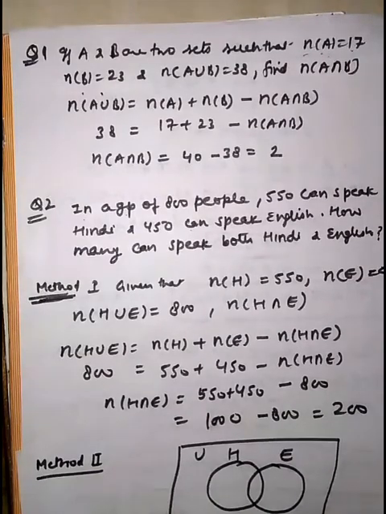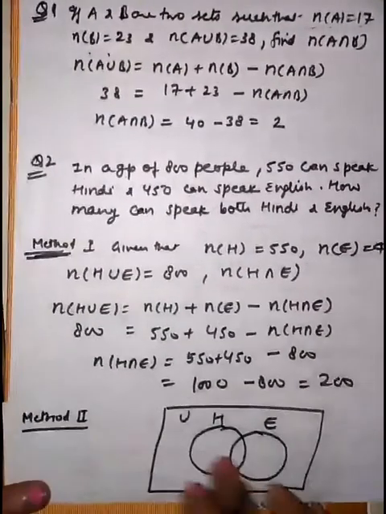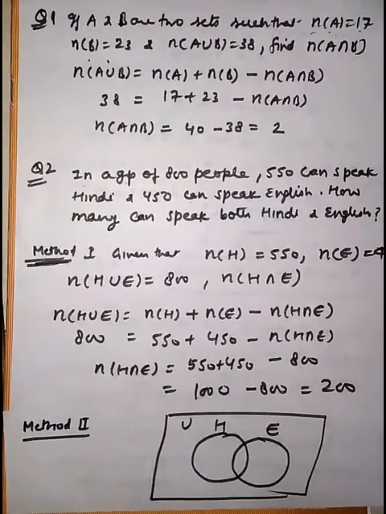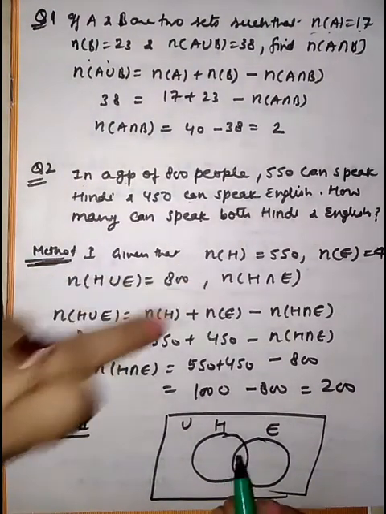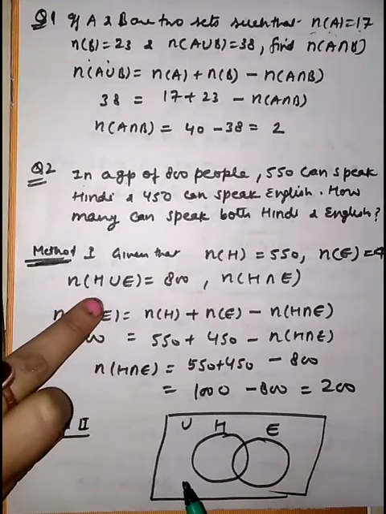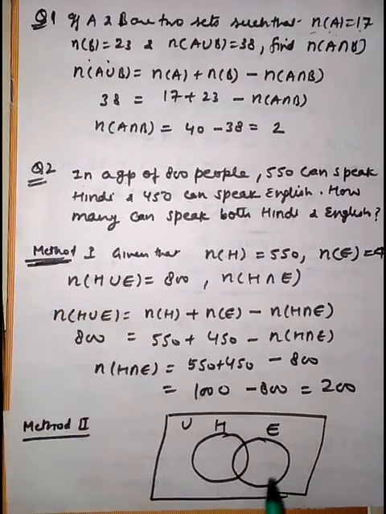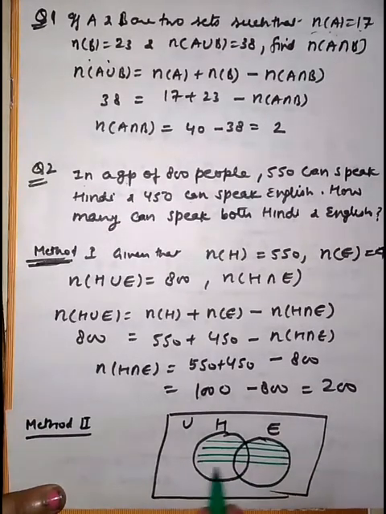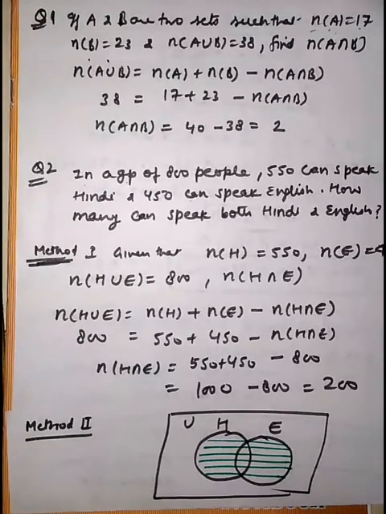This is the Hindi set, and this is the English set. So what information is given? Here n(H union E), the whole, is given as 800. And n(H) equal to 550.